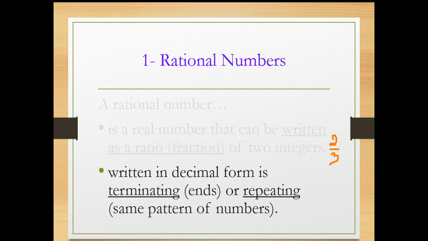Or, for example, 32, this is a pattern: 32, 32, 32. So the second kind of rational numbers are the decimals, either ending, like 2.3, an accurate answer, or with a pattern, for example, 4.32, 32, 32.